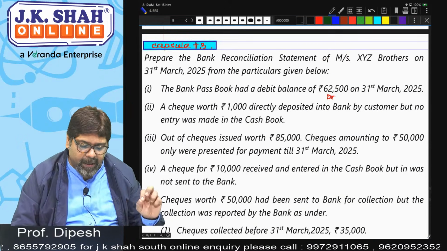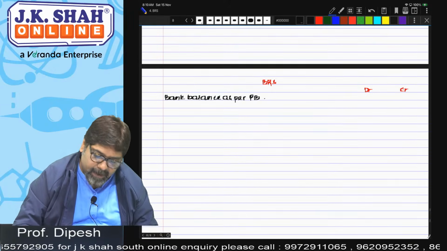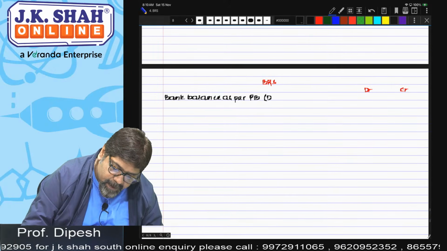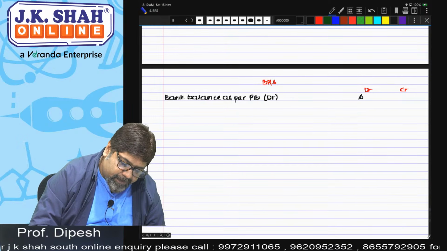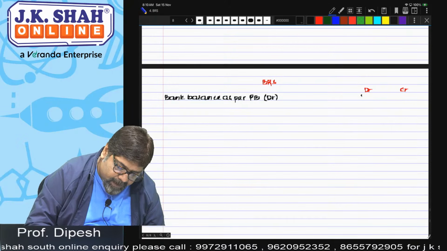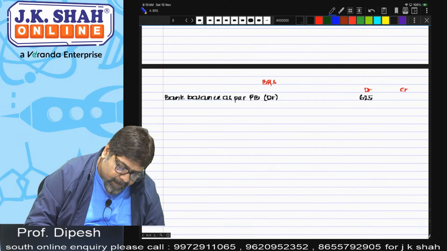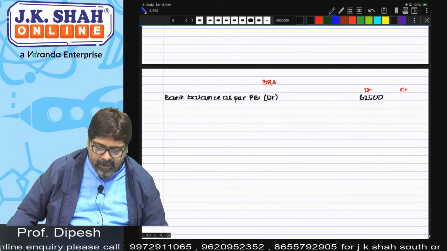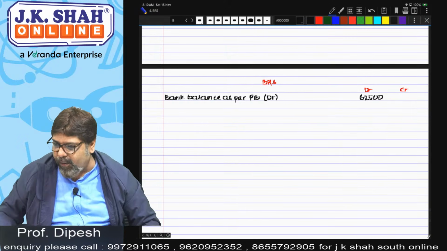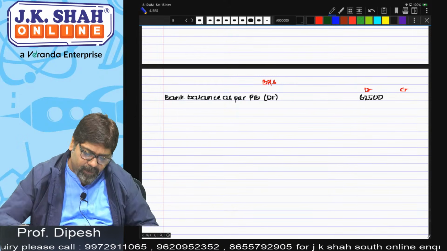The bank passbook had a debit balance of 62,500. The bank balance as per passbook debit 62,500, so it will come on the debit side. Now chartered, quickly tell me, is a debit balance a favorable balance or an overdraft balance? Passbook debit balance is an overdraft balance.